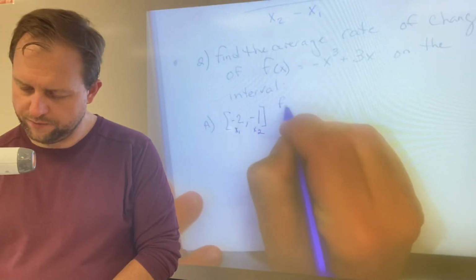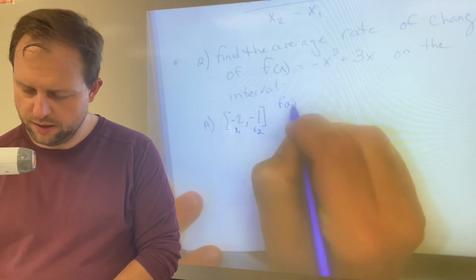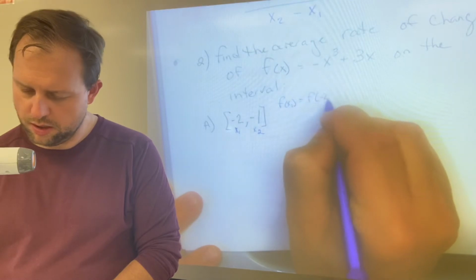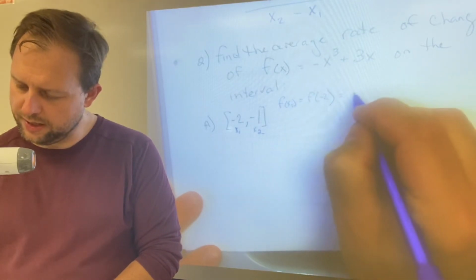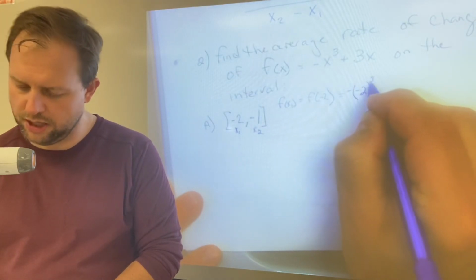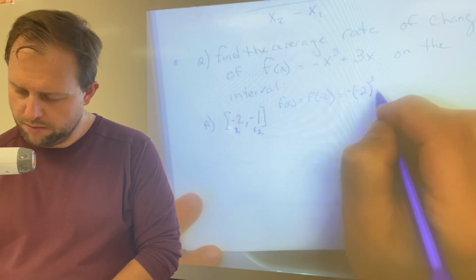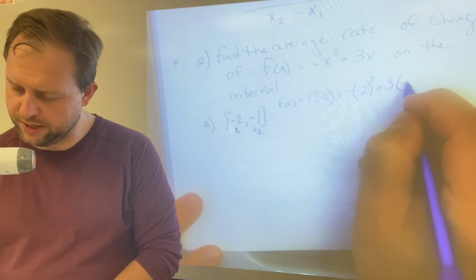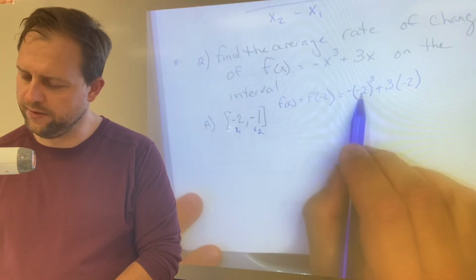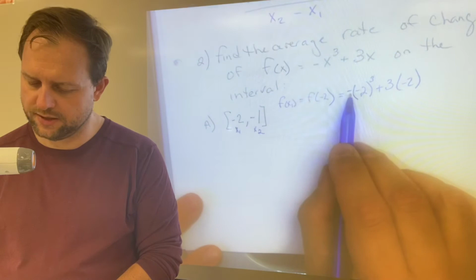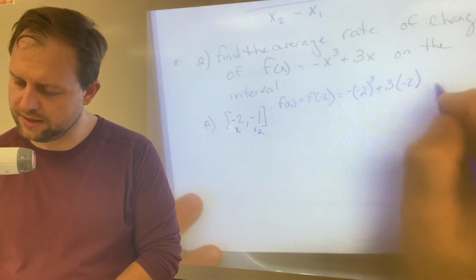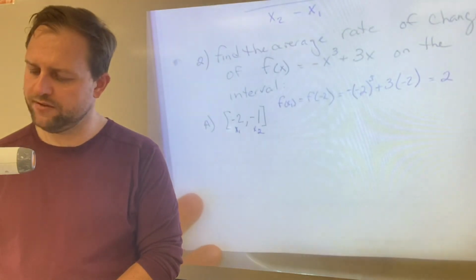So f of x1 is f at -2, which is a negative on the outside, -2 on the inside, cubed, plus 3 times a -2. So that gives us -8. The negative cancels out, so it becomes +8. +8 minus 6 gives me a +2.